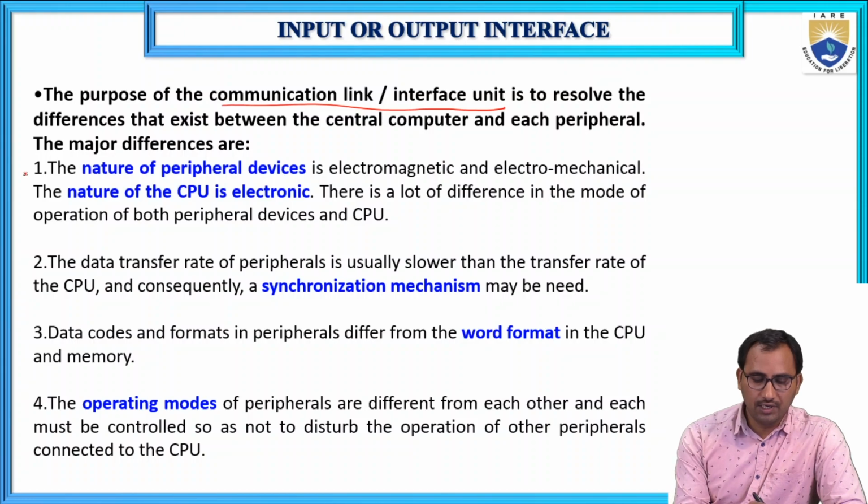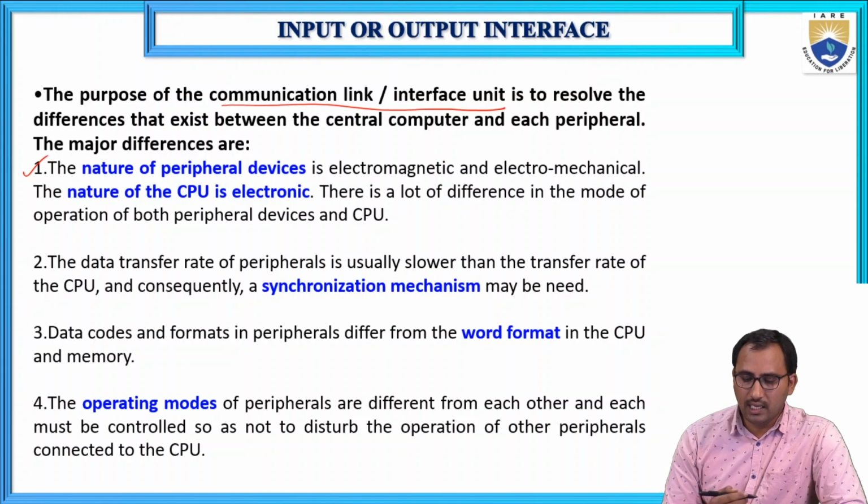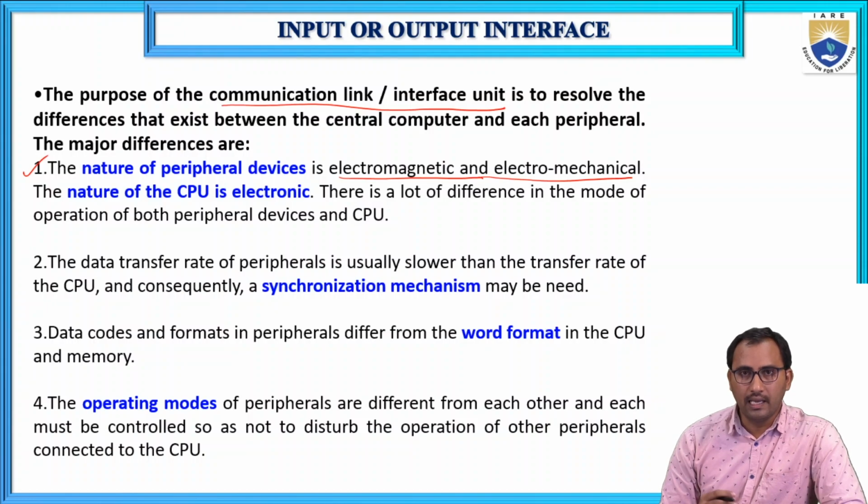So the first difference is the nature of operation. If you consider the peripheral device, it is electromagnetic and electromechanical in nature, because the peripheral devices consist of some electromechanical devices as well as some electromagnetic ones.